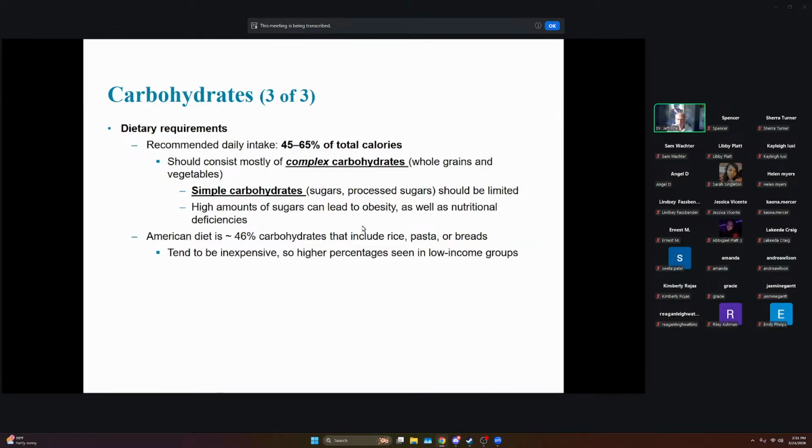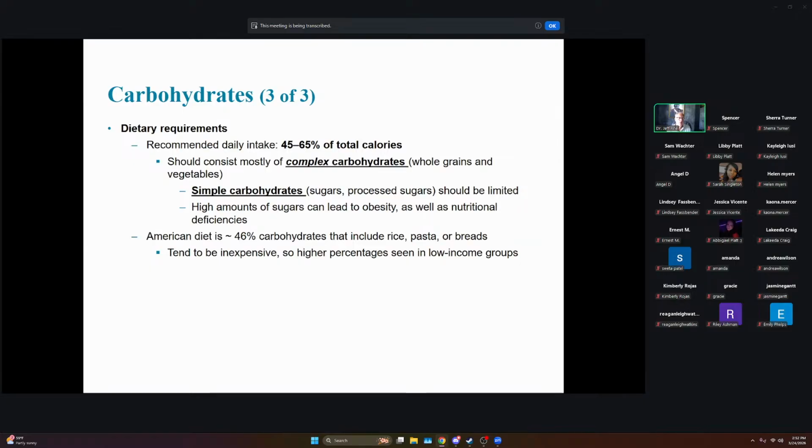Again, we're very blessed in America and in most Western diets that we have easy access to carbohydrates, things like rice, pasta, breads, grains, vegetables. We typically don't have a problem finding those things. And this is a blessing and a curse. Remember what I said, keep that in mind: everything in moderation.